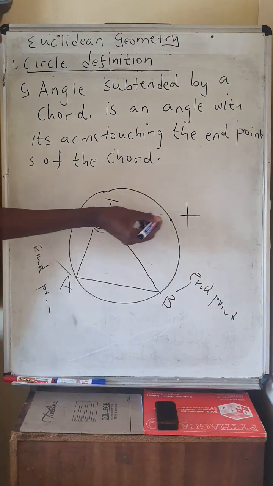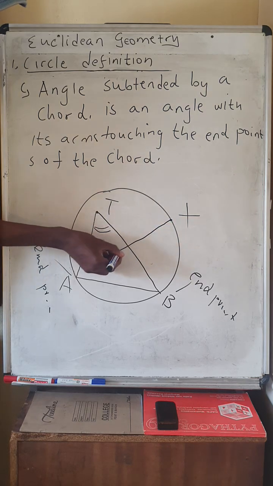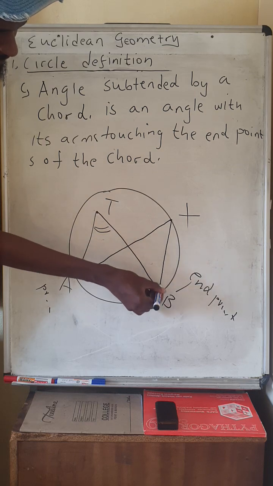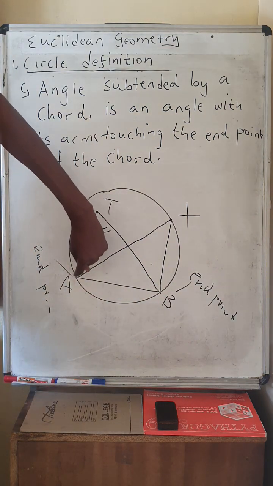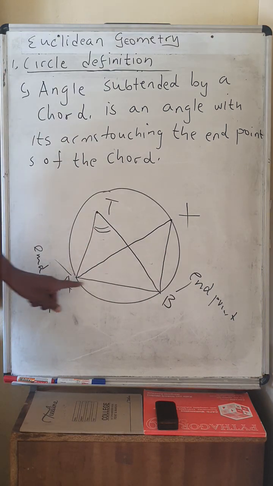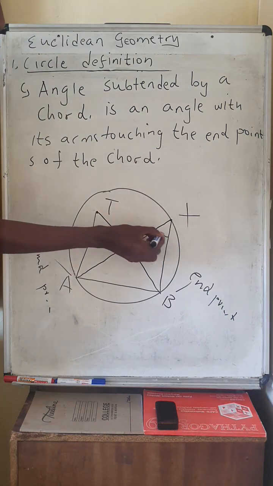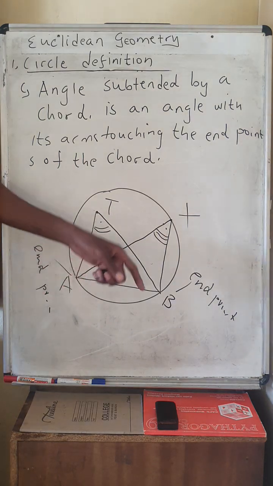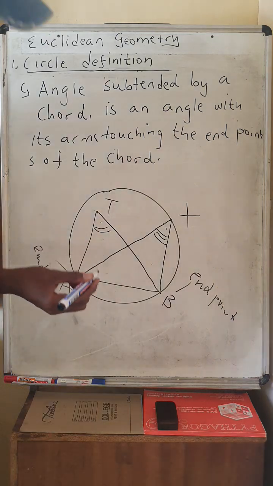Of course, I need to draw, and the arms of angle X must touch A and B. So in this case, we say angle X is being subtended by chord AB as well. So chord AB is subtending angle T and angle X, which is this X here. So these two angles are being subtended by chord AB. I can have another angle here.